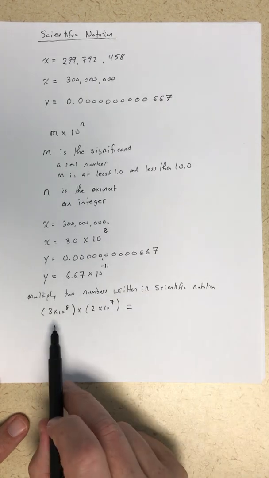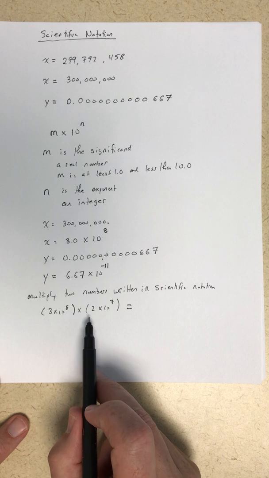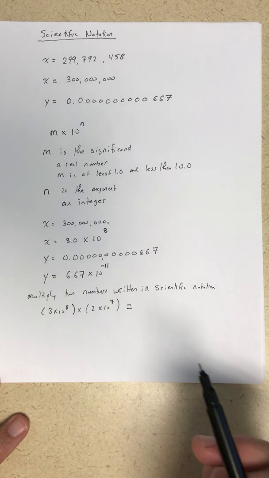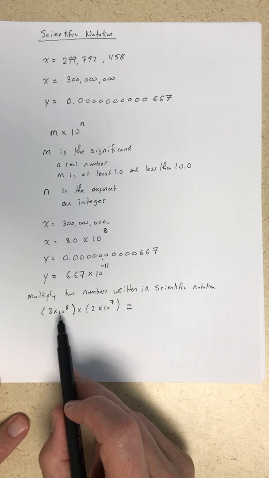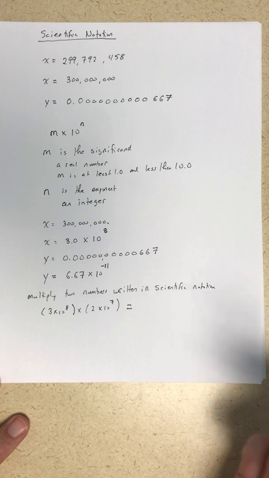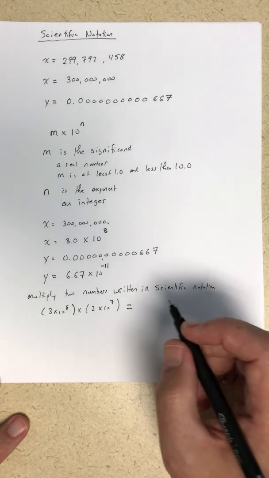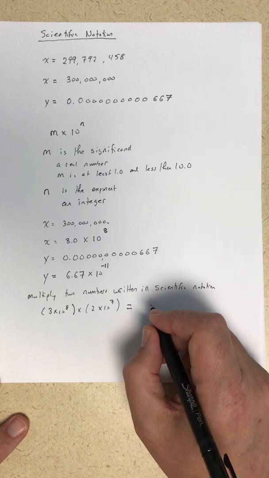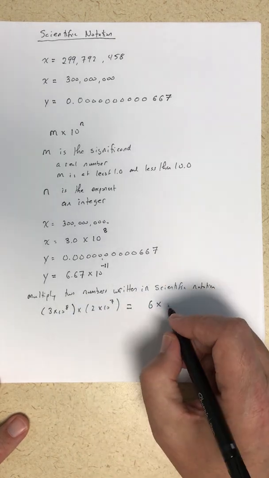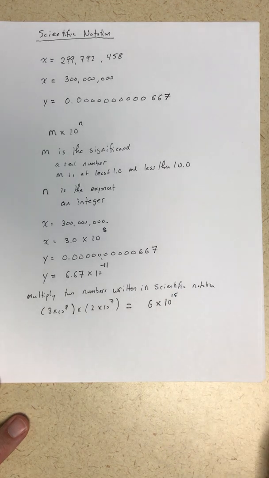So when I do this, the significands I just multiply together, and then the exponents add, because I have a 10 to the 8th multiplied by a 10 to the 7th is 10 to the 15th. So 3 times 2 is going to give me 6, and 8 plus 7 is 15.